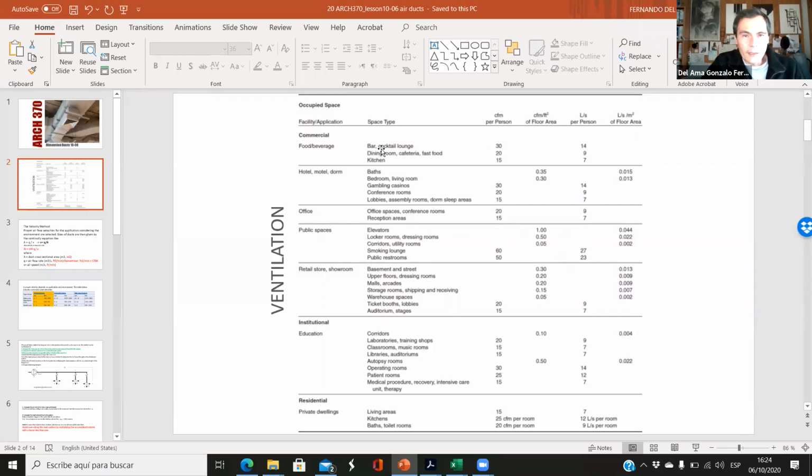And where do we have other figures? In bars and cocktail lounges, we have 30. There are a lot of people drinking and dancing or whatever. And when there are a lot of people and we need to control the air quality, we need to increase the CFM per person.